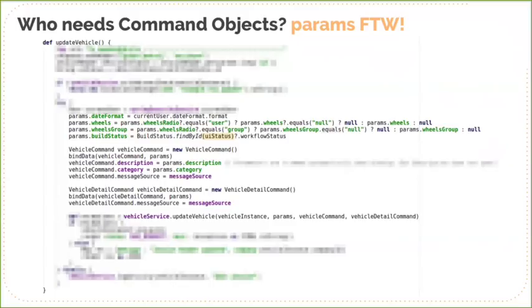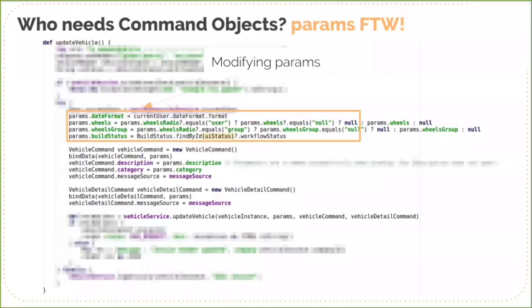A command object should be defined in the method signature, and as you can see in this update vehicle action, the method signature is empty. And then here you see the pattern again: you modify the params based on another parameter, or you go to the database, build the status, find by ID, whatever.